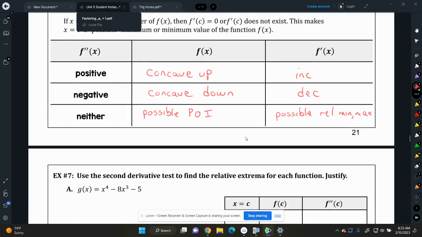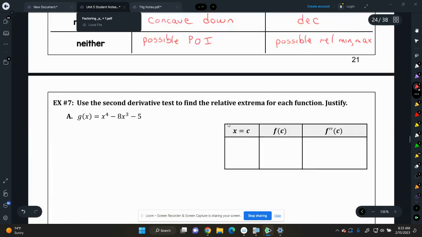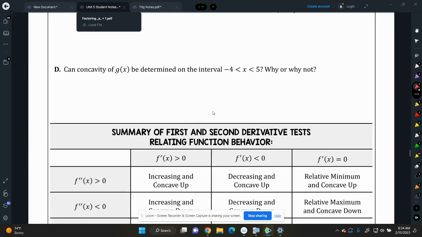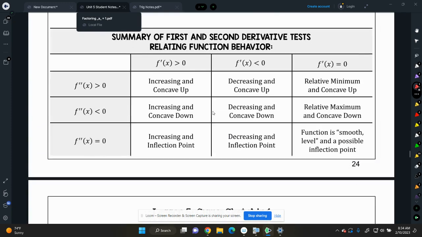All right, let's go down. I think we're good there. Okay, let's go all the way down to page 24. Here's a summary, which is pretty much what we just talked about, right? f double prime is greater than 0. So if f double prime is positive and f prime is positive, then that means it's concave up and increasing.